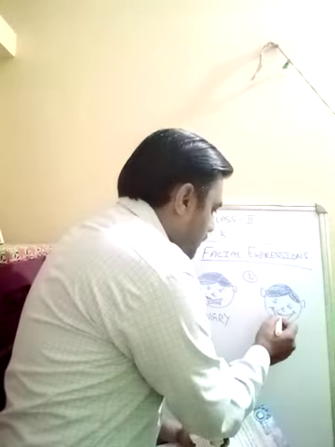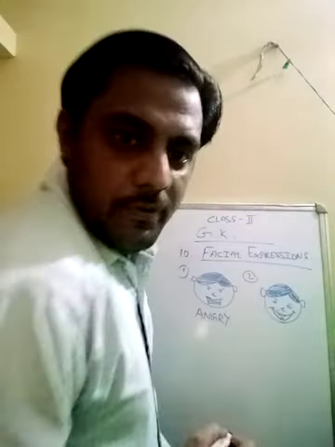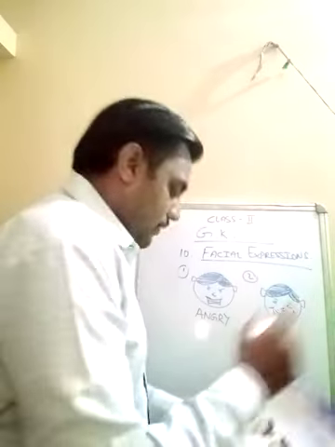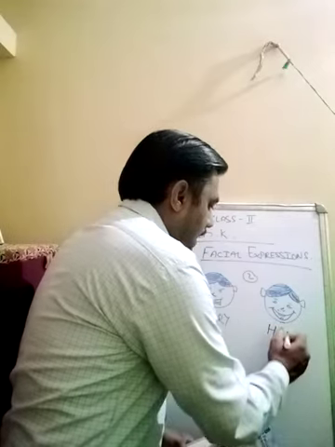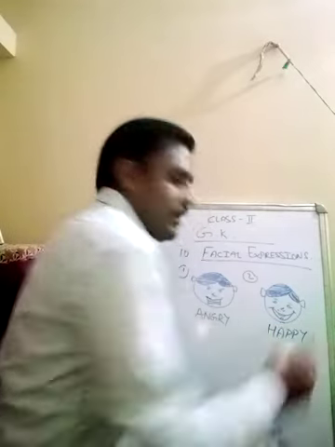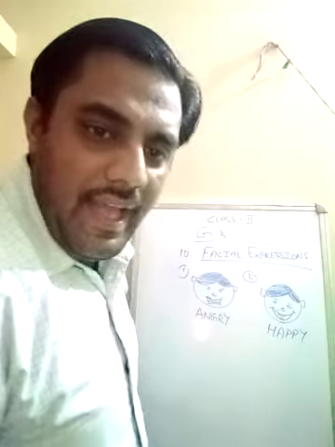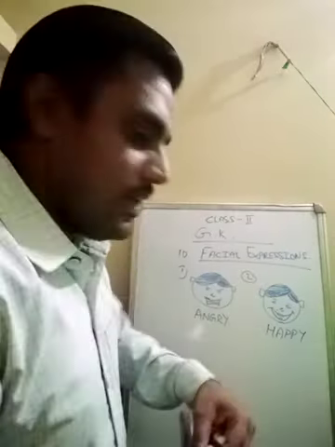Now children, can you tell me, when do we make such a smiling face? Of course, you are absolutely correct. We make such a smiling face when we are happy. H-A-P-P-Y, happy. So look, there are 2 facial expressions here.